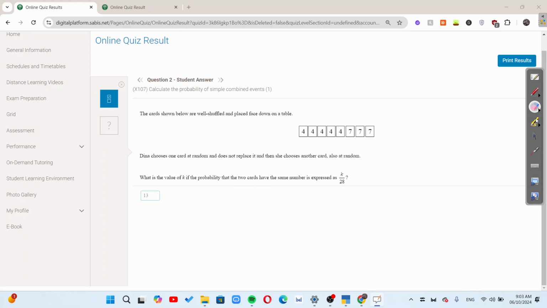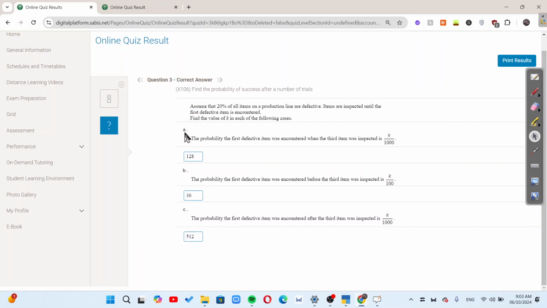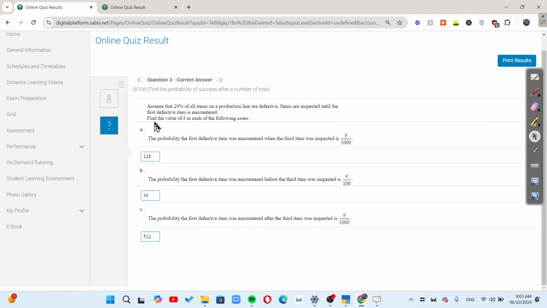Okay, so now on to the next question. So now this question, you are in a factory and you're assuming that 20% of all products are defective, which means broken, and that you inspect the items until you encounter the first defective item.